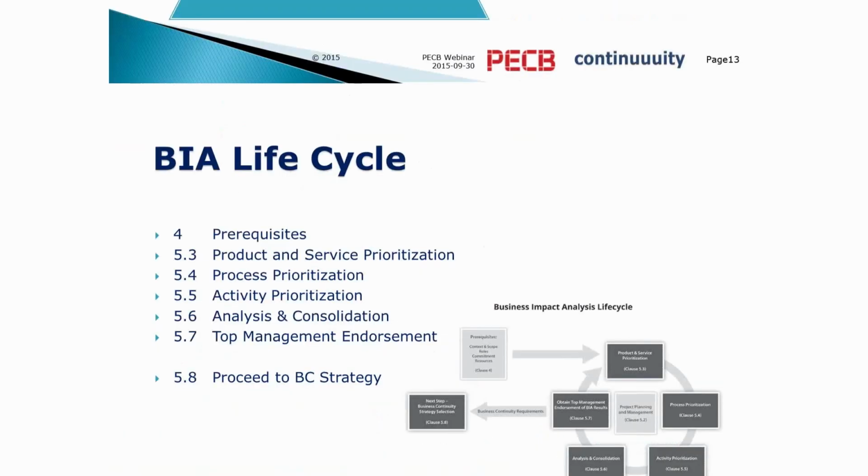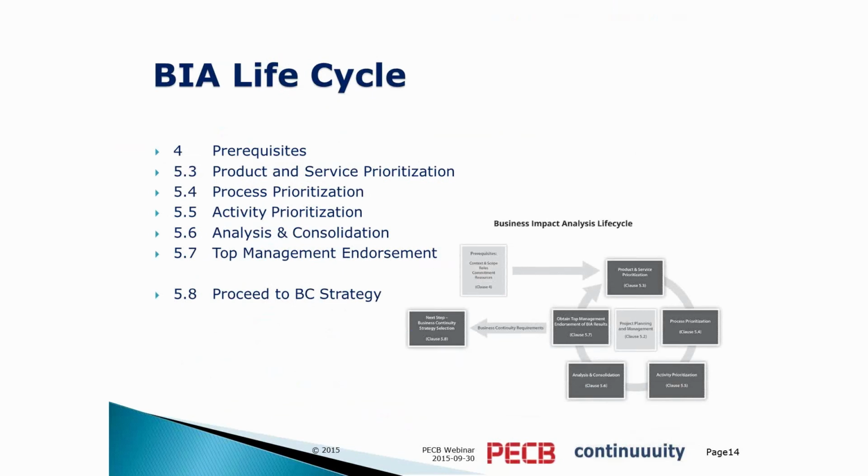So this is the situation of the relation to the other standards, and we now come to the actual table of contents of the standard. It describes, as with many ISO standards, the prerequisites. So it tells you what you need to have to start with this BIA project.